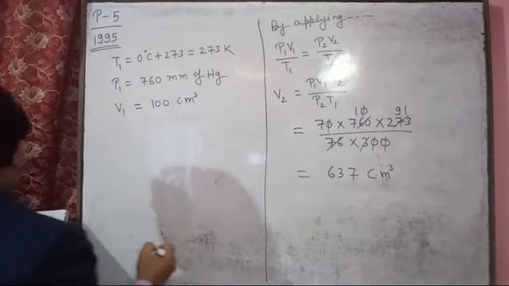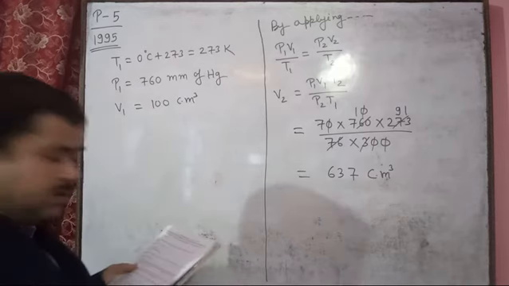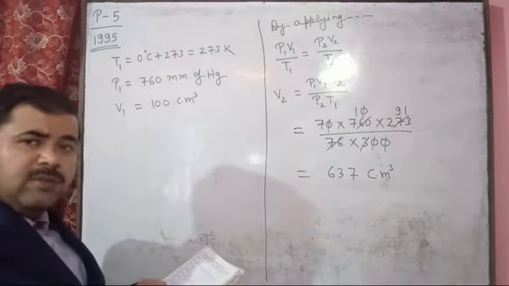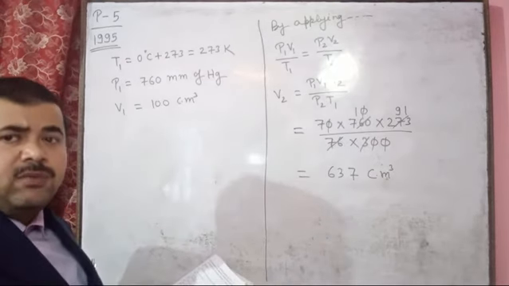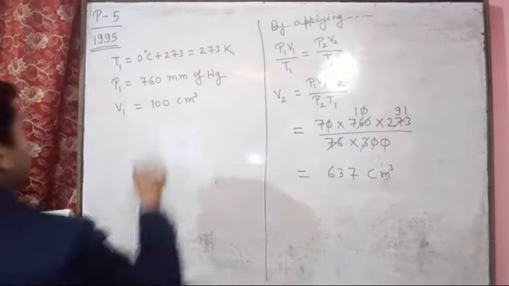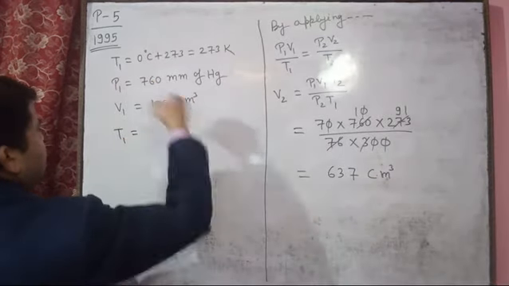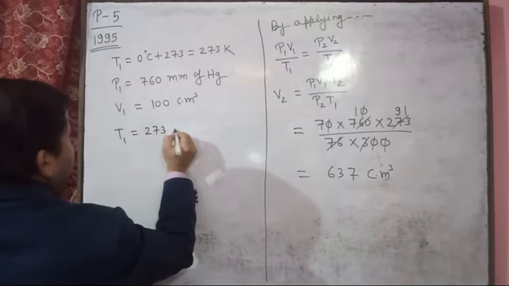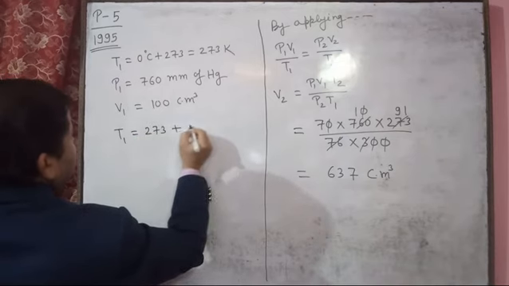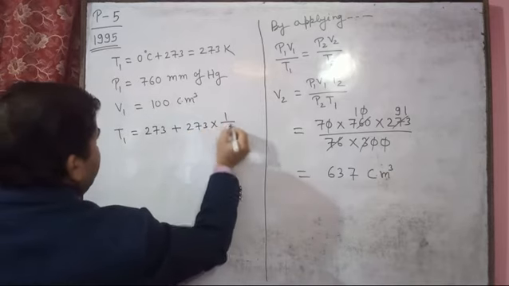The Kelvin temperature, absolute temperature of the gas, is increased by 1/5. So the Kelvin temperature increased by 1/5 means T1 increased by 1/5, that is T1 equals 273 plus 273 into 1 by 5.